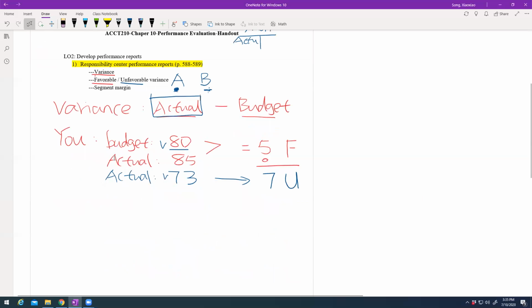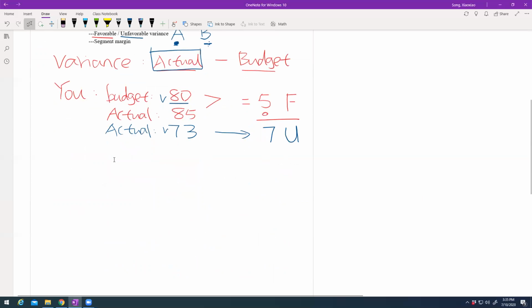Some students will ask, hey, what do favorable and unfavorable mean? When we talk about good or bad, for your personal experience, it's related to your points, right? But for your business, our focus is on the operating income.